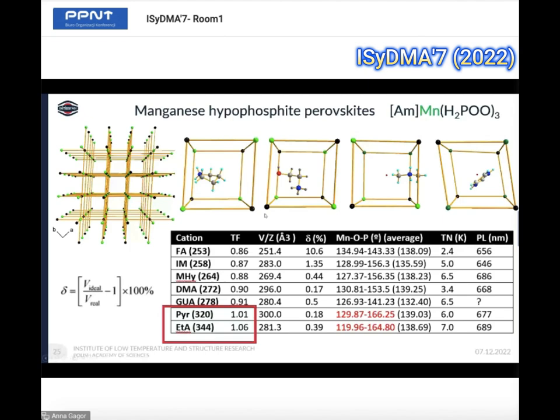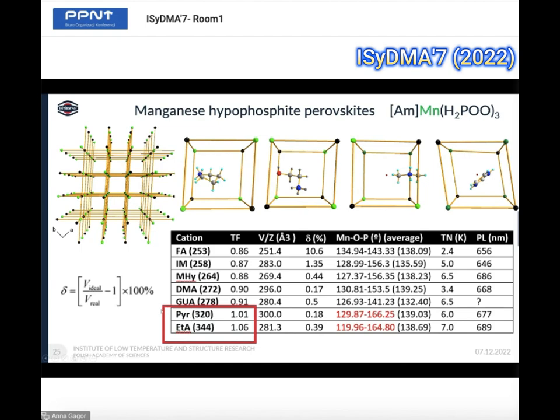And what is different in hypophosphates is the fact that at room temperature, all these amines are actually ordered, and most of them are not placed in the center of the cavity, which was characteristic of formates. So the structure of hypophosphates behaves in a different way.